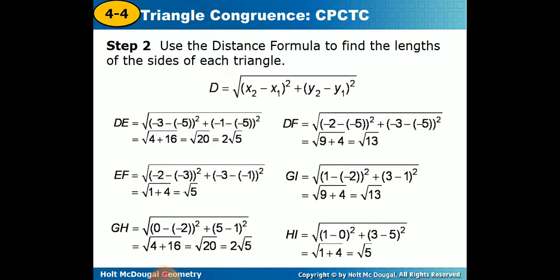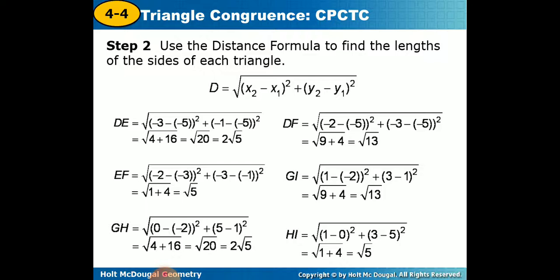The distance formula, to find the length of the sides of a triangle, is a specific formula that I should remember and study well. It's the square root of x sub 2 minus x sub 1, squared, plus y sub 2 minus y sub 1, squared. This is the distance.